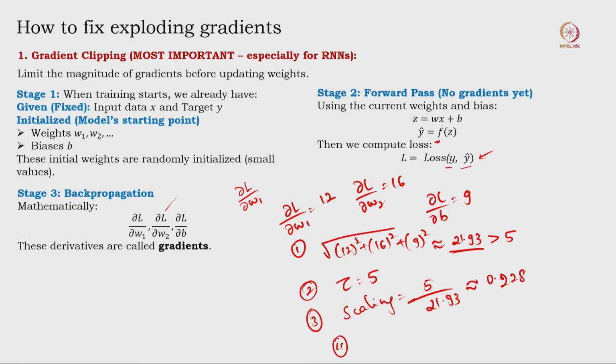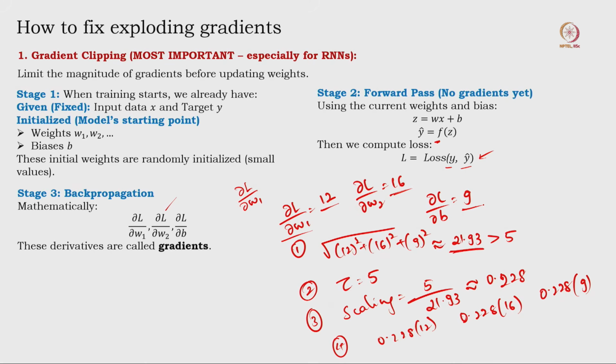Fourth step, what will you do? Multiply 0.228 with each of these gradient values: with 12, then with 16, and with 9. So what did we do? In backpropagation, we computed the gradients. Let us assume the gradient values are each of these.